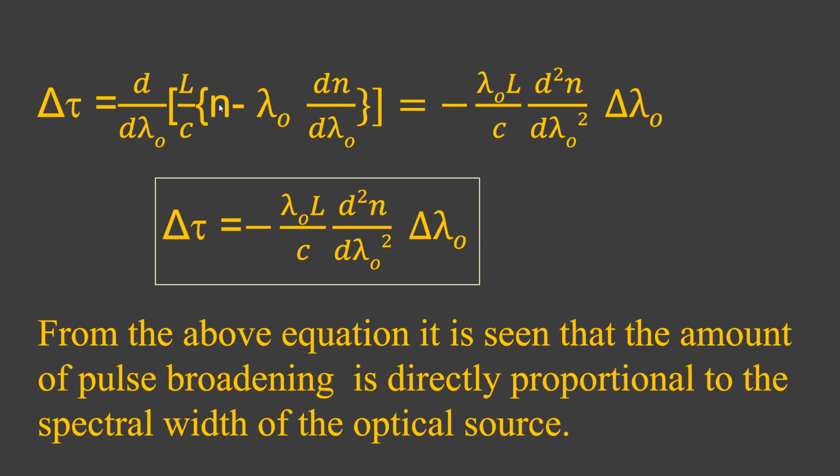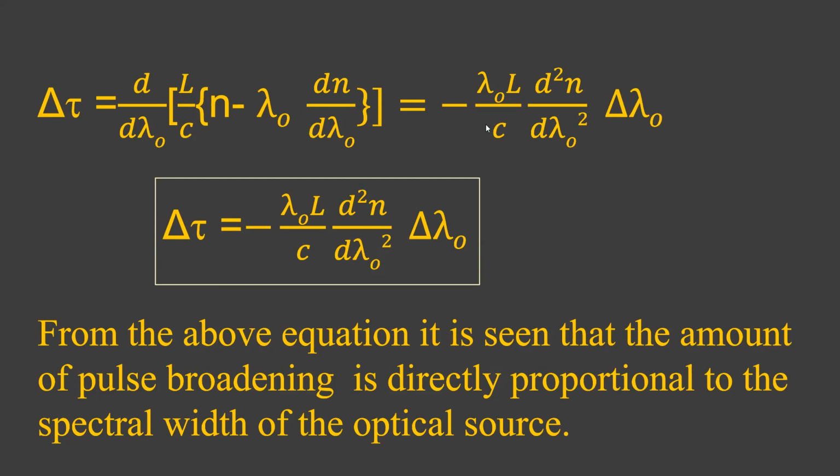So the first term, which is independent of lambda naught, goes to 0. This term follows the differentiation rule, and next only the second term is left.